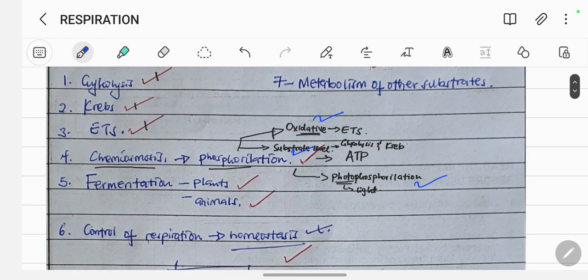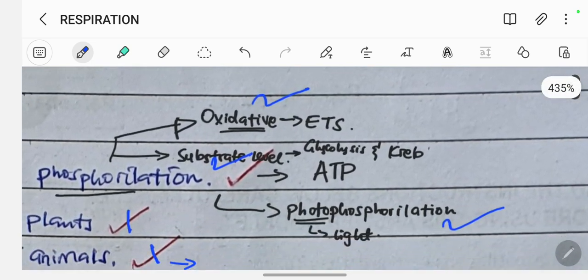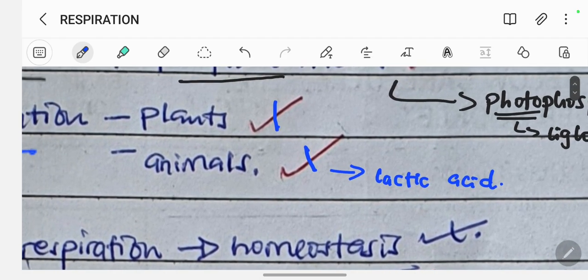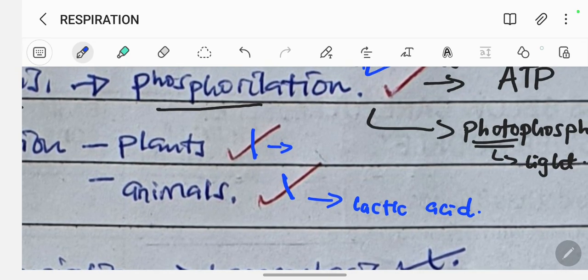Then we shall also handle fermentation, and I will look at fermentation in plants and fermentation in animals. So in animals we form lactic acid, and within plants we shall form ethanol.